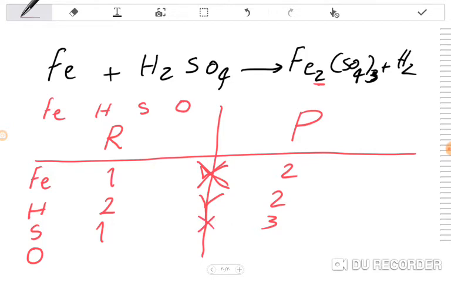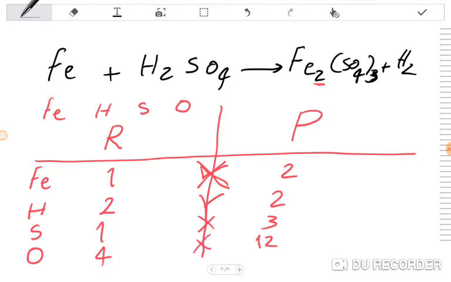Not balanced. Oxygen: how many oxygen are there here? 4 atoms of oxygen on the left side, 3 times 4, 12 oxygen atoms on the right side, not balanced.